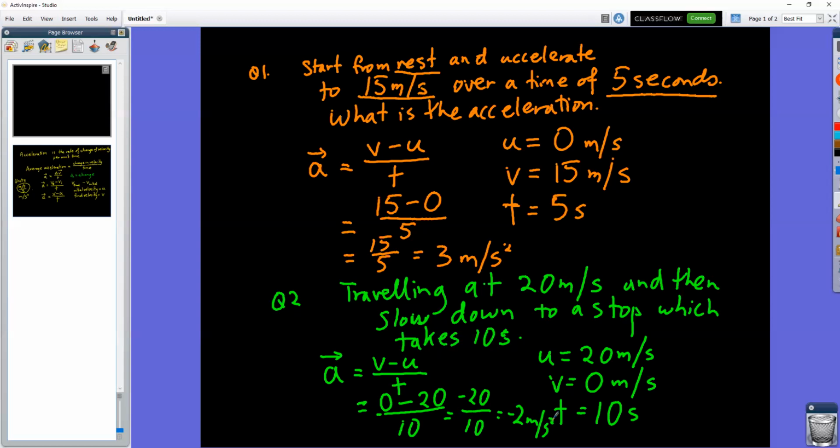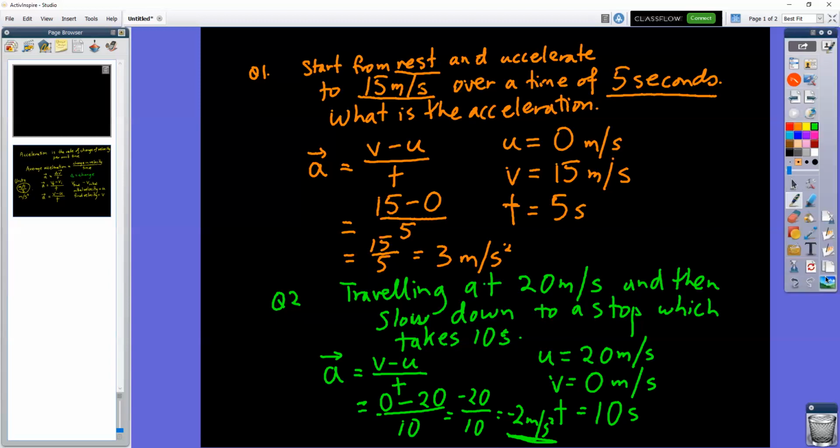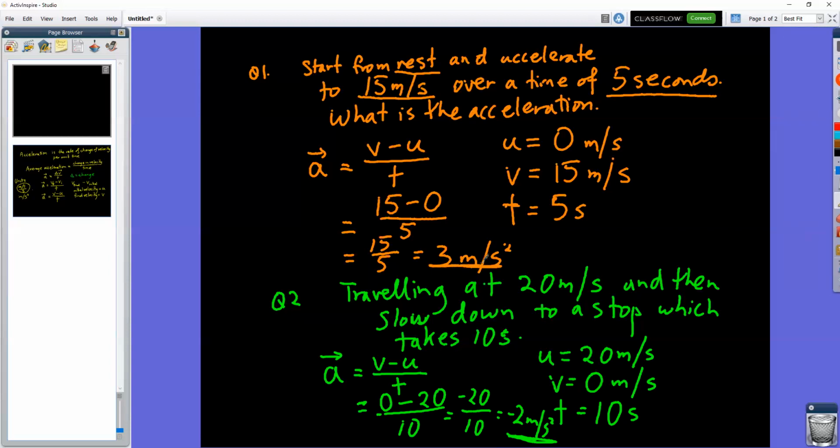Now this is interesting, isn't it? We've got a negative number here, whereas up here we had a positive number. A positive number means that our acceleration is in the same direction as our velocity.